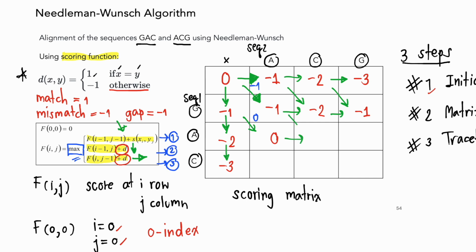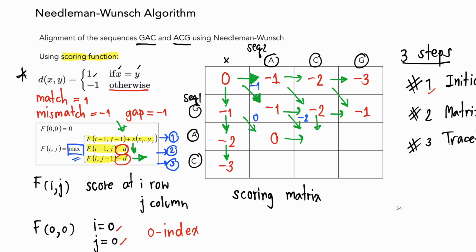From the left, from diagonal, from the top. Okay? From diagonal, we have A and C, which is a mismatch. So -1 plus mismatch score -1 will be -2.